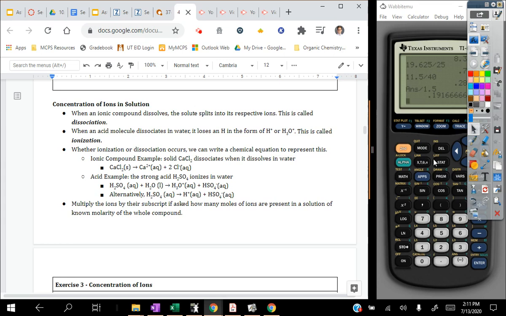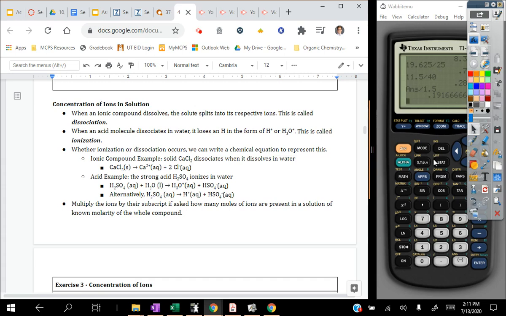Ionic compounds, such as solid calcium chloride dissociating in water, start off with the solid solute being represented as a single reactant. It then has the reaction arrow, and you see that it splits into its ions, where we have the single atom, its charge, and aq as our state.